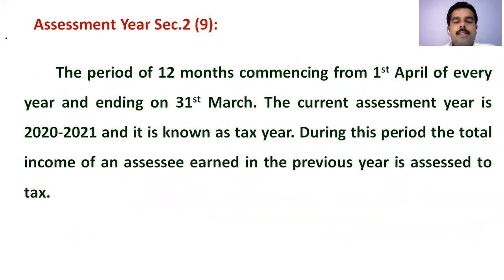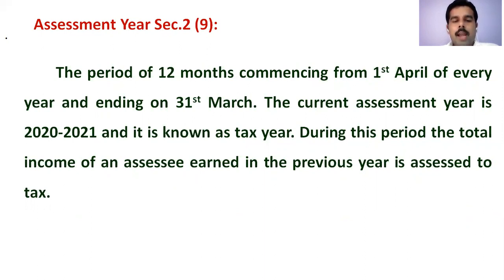Then next, assessment year, which comes under section 2 subsection 9: the period of 12 months commencing from 1st April of every year and ending on 31st March. This is called the assessment year, and the current assessment year is 2021, and this is also known as the tax year.